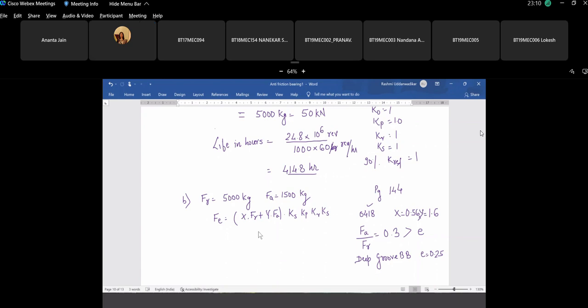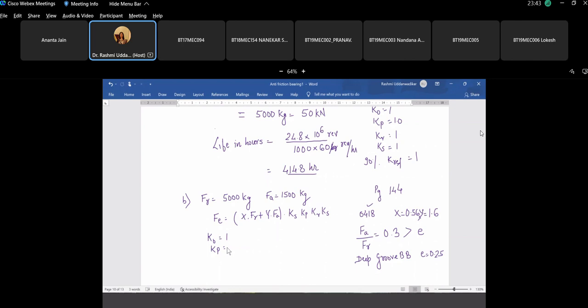Give me all these service conditions. For constant speed, what is the oscillation factor Ko? Oscillation factor is 1. For preload, what is Kp? If the bearing is preloaded, which will lead to impact, this increases the load on the bearing and reduces the life.